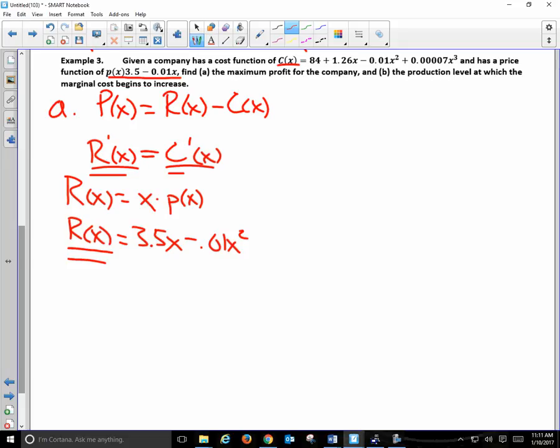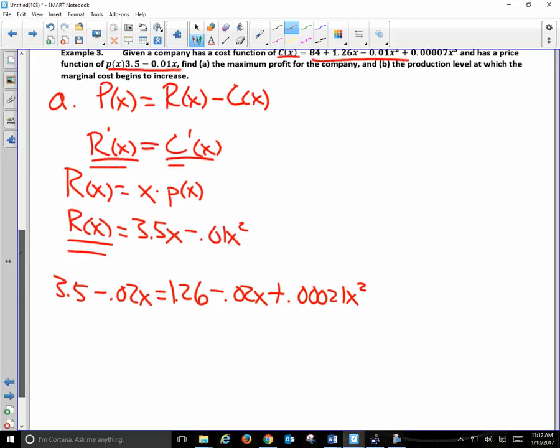Okay, so I take the derivative of revenue. What do I get? Equals? Got to take the derivative of that guy, right? 1.26 minus 0.02x plus 0.12321x squared.